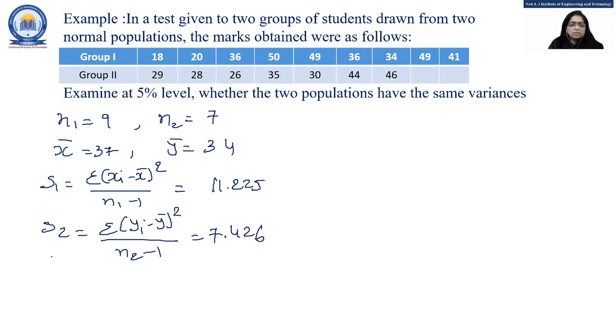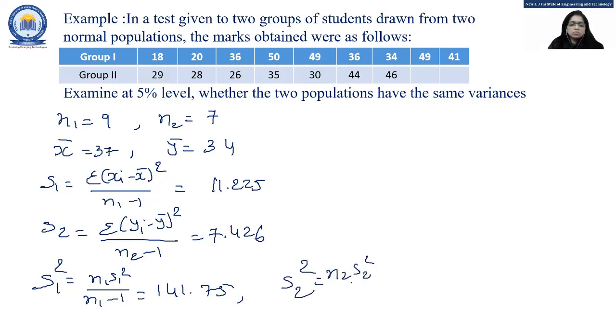Capital S1 square is n1 s1 square upon n1 minus 1, and here 141.75, and S2 square is n2 s2 square upon n2 minus 1, and that is 64.3. So we'll start with the null hypothesis, as we have all data ready.